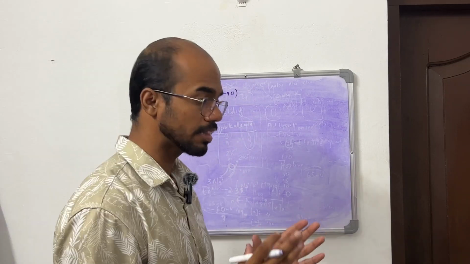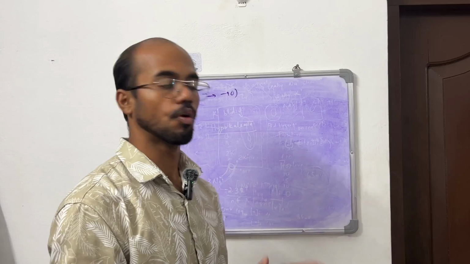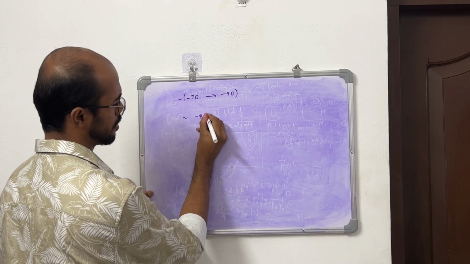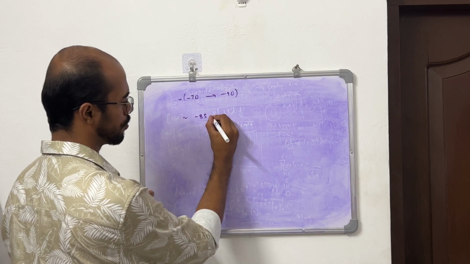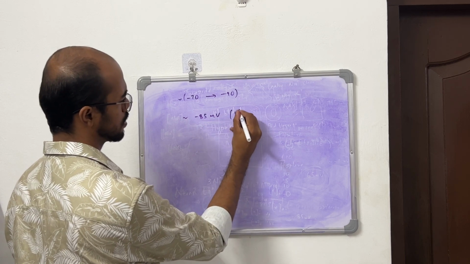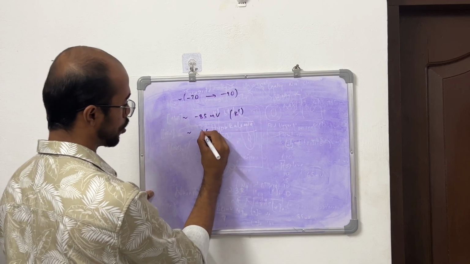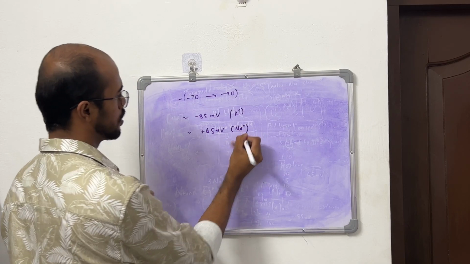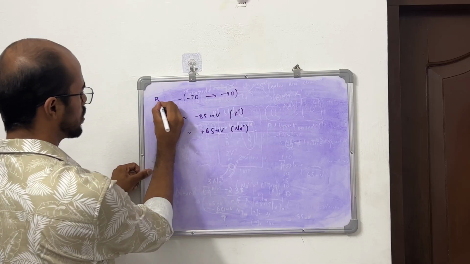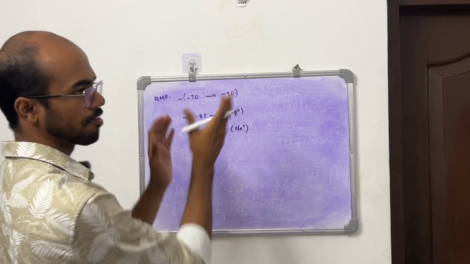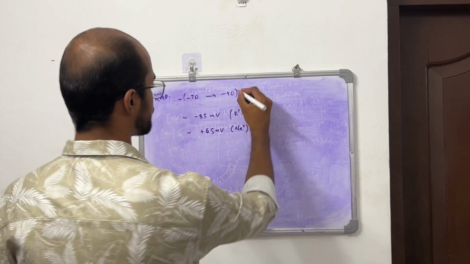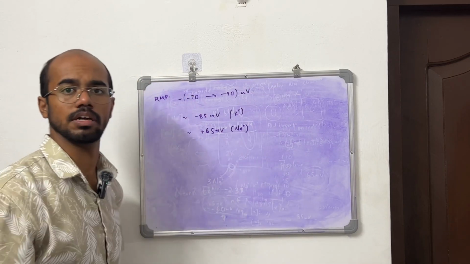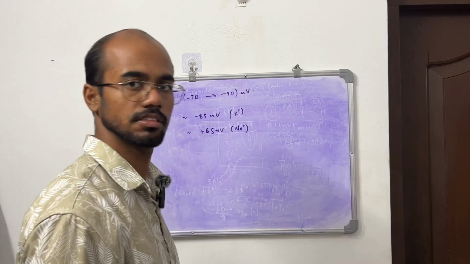Earlier I told you the Nernst or equilibrium potential for potassium was around negative 85, and for sodium it was around positive 65 millivolt. The resting membrane potential is around negative 90 to negative 70 millivolt, and this was practically proven. It's just a fact.